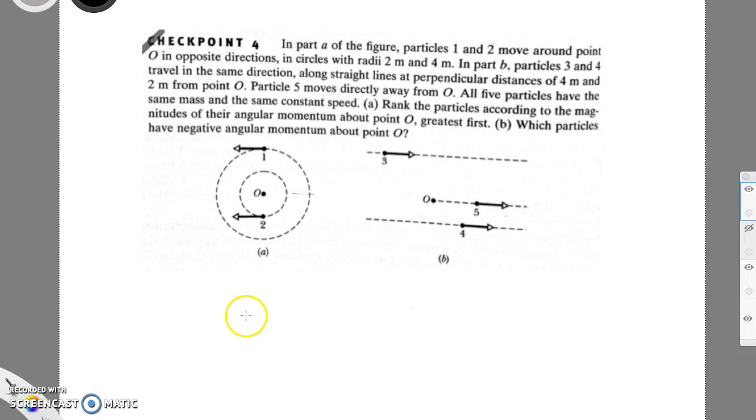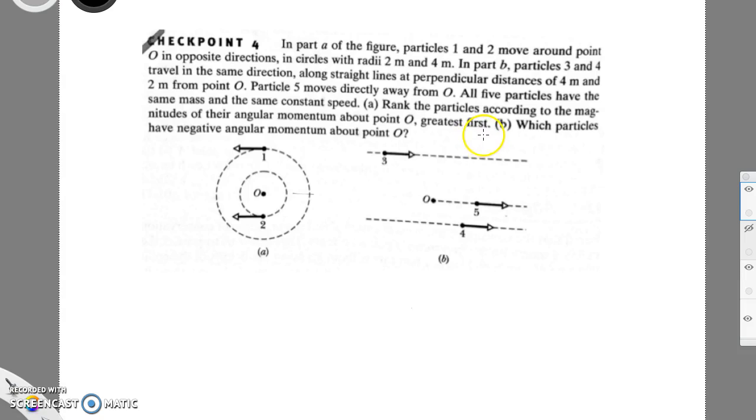One of the things I hope you realize so far is that the magnitude of angular momentum has nothing to do with whether or not an object is bound to the object it's rotating about. Any object traveling past something else can have angular momentum about that object, whether it's rotating or not. So it's asking, rank the particles according to the magnitudes of their angular momentum about point O, greatest first.